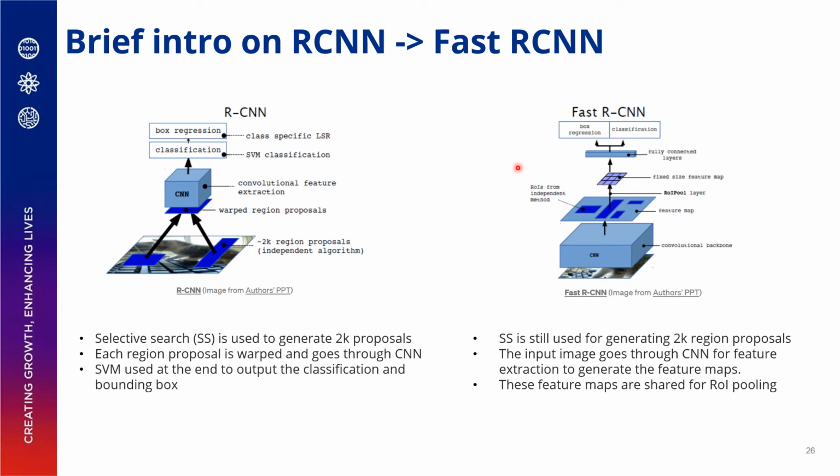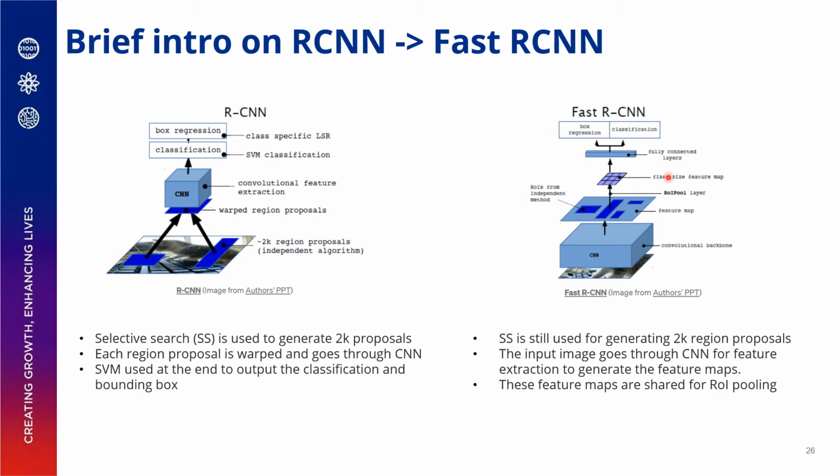So what the Fast RCNN paper did was they still use the basic idea of using selective search for finding the 2000 region proposals. However, the CNN first goes through the image, as you can see over here, to extract the features from the image itself. Let's call them feature maps. Then your ROIs are obtained on these feature maps, and then you perform your fully connected layers estimation.